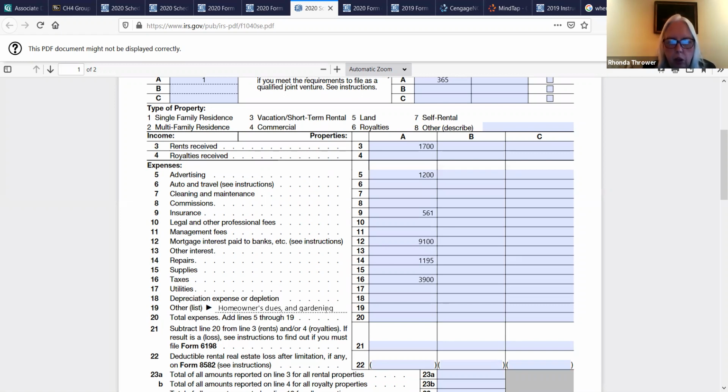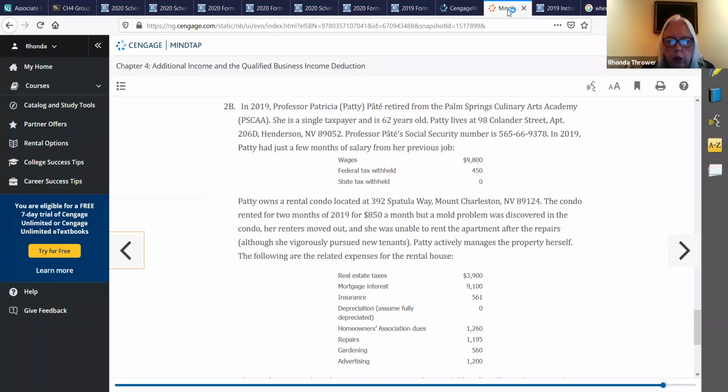You combine the two of those together and that will give you $1,820. So there are 2 types of dues. And again, you get these from your instructions in your problem. So go back to the instructions if you want to look to see where that was. Here was the gardening of $560, and we added to that the $1,260 of the homeowners association fees.